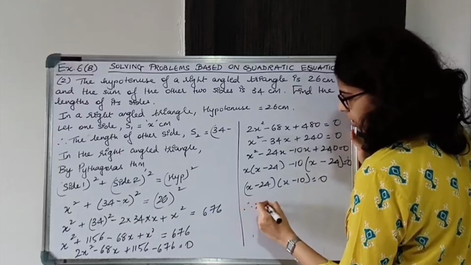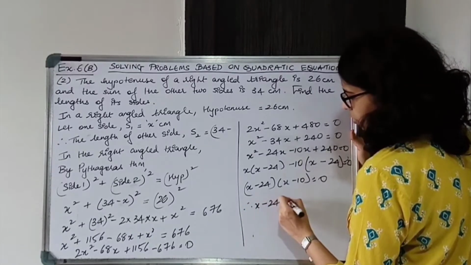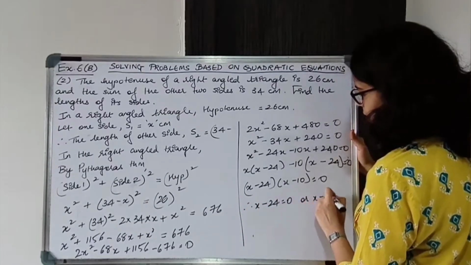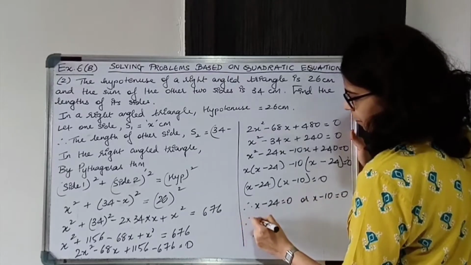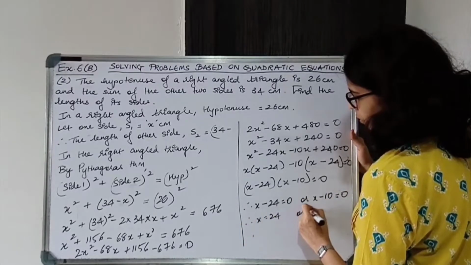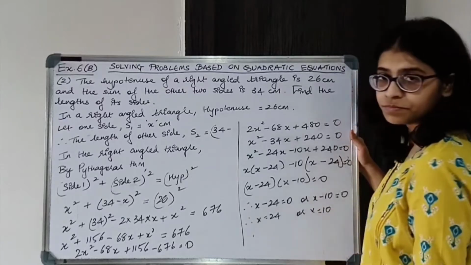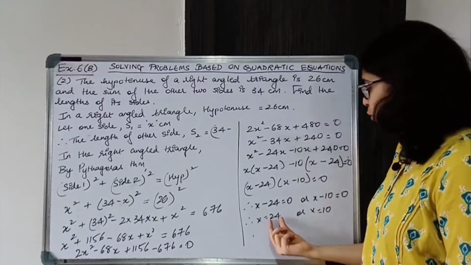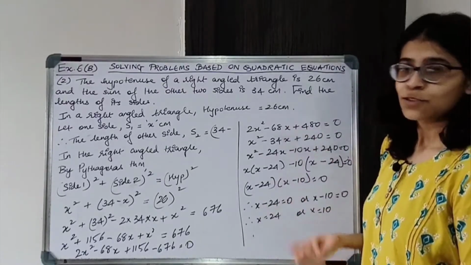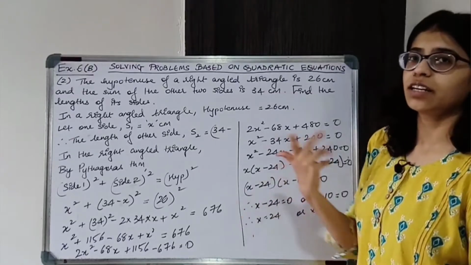So therefore x minus 24 is equal to 0 or x minus 10 is equal to 0. So x is equal to 24 or x is equal to 10. If you notice, sum of 24 and 10 is 34. So one side is 24, other side is 10.